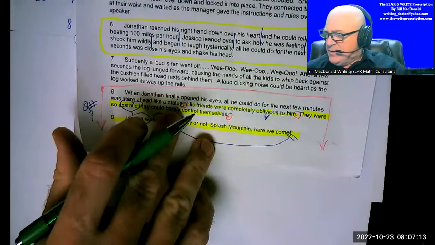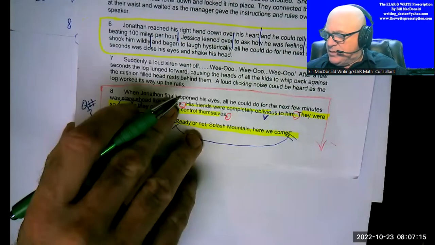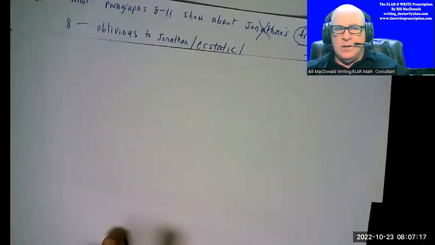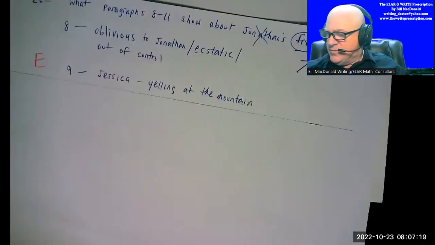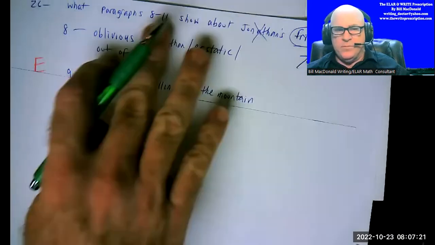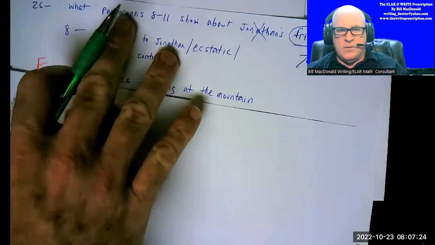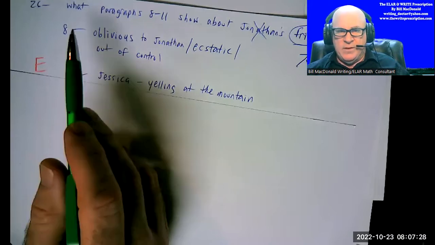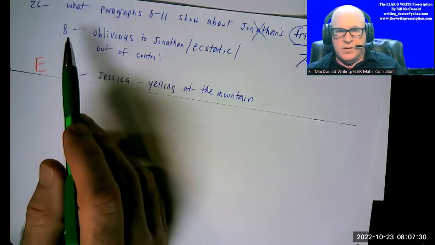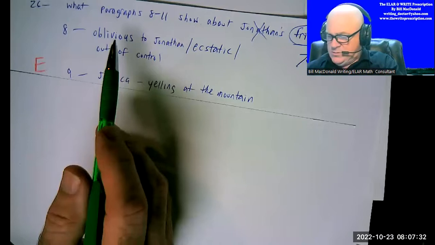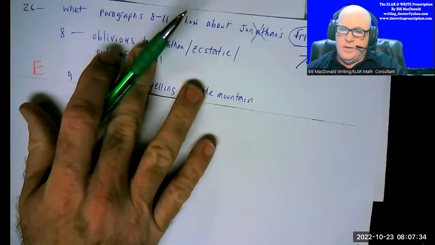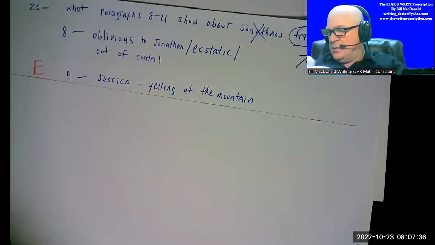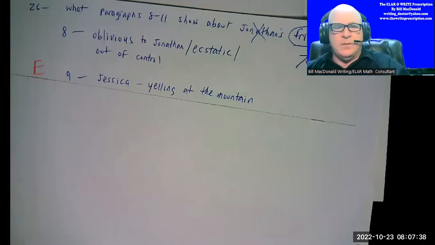So paragraph 9, and then I slide down on my paper and say, okay, Jessica yelling at the mountain, paragraph 9. This part is going to allow me to say, okay, where is the evidence and what is the evidence that reveals something about Jonathan's friends? So then I turn the page, got 2 more paragraphs to look at.